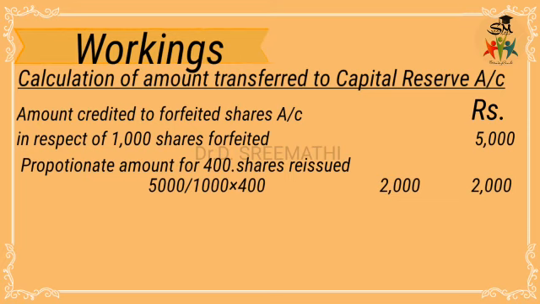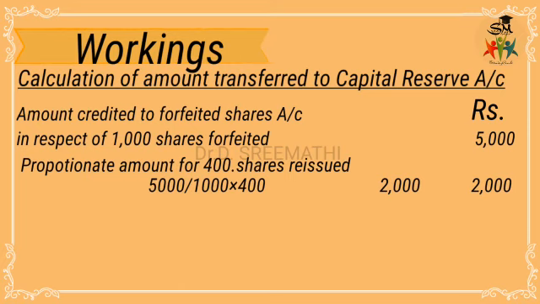So for 400 shares, if you multiply, you will get 2,000 rupees. Less it, and the balance amount 3,000 rupees goes to the balance sheet as forfeited shares account.